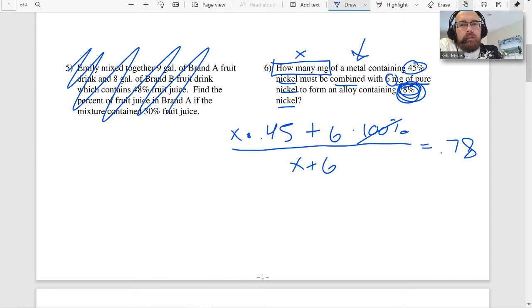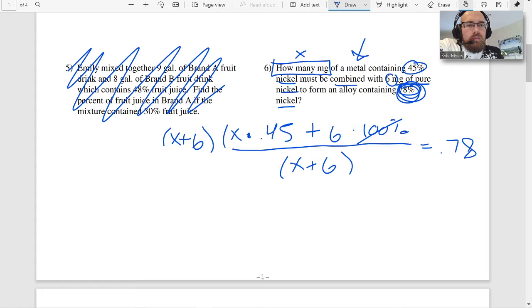Let me get rid of this so that's not distracting us here. So this is 0.45x. Actually, you know what? Let's go ahead and do this. We need to get rid of the fraction. There's an x plus 6 here. If we multiply, I'm going to put parentheses around everything, if we multiply both sides of the equation by x plus 6, then it would get rid of the x plus 6 down here in the denominator.